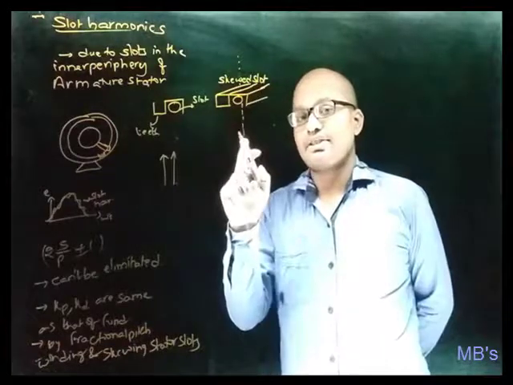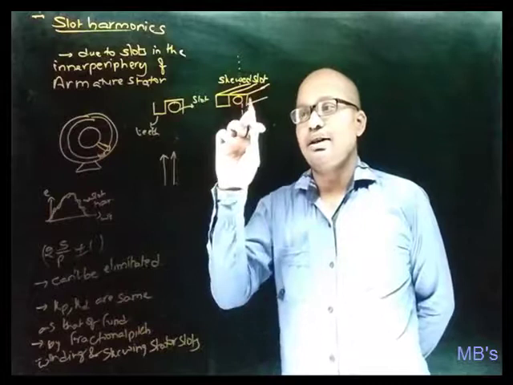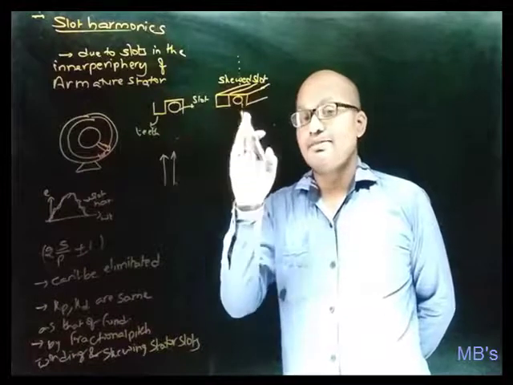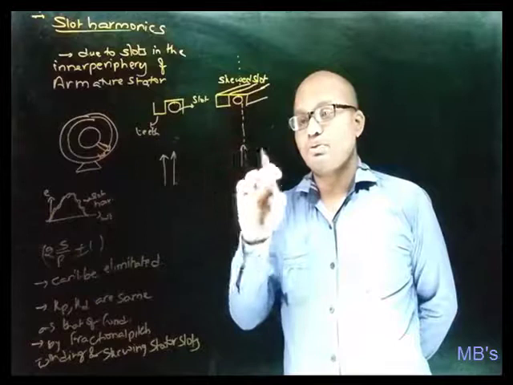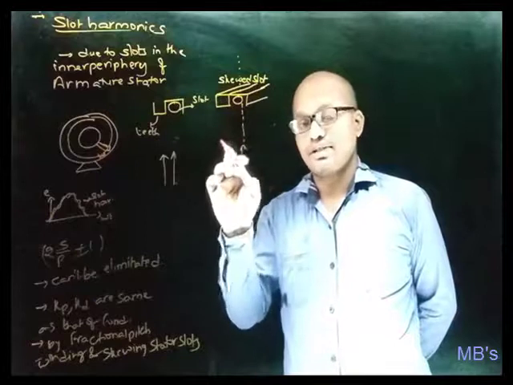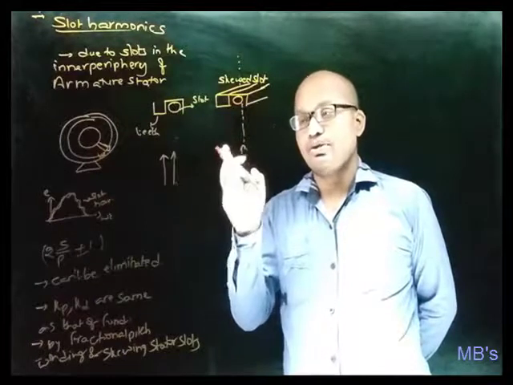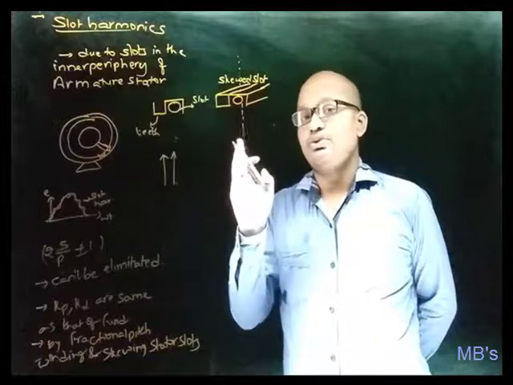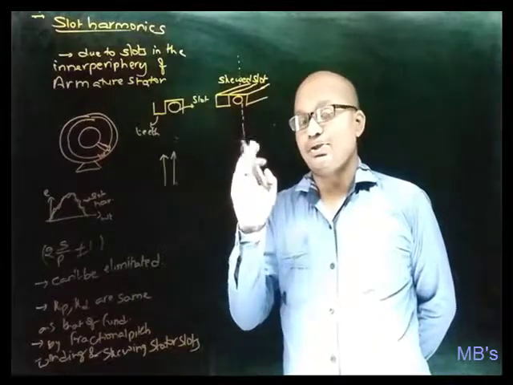So the flux will experience both air gap lengths, due to slot and due to teeth. And as this experience is uniform throughout the periphery of the stator, the flux distribution will be uniform. In this way, the harmonics due to slots can be reduced.